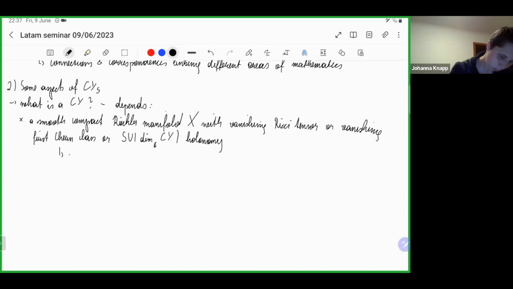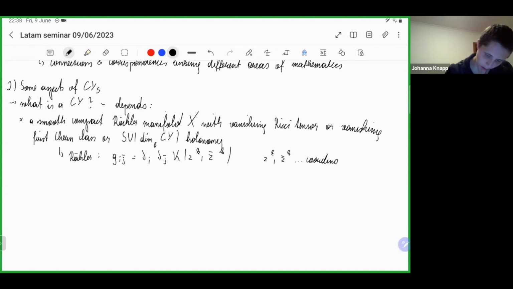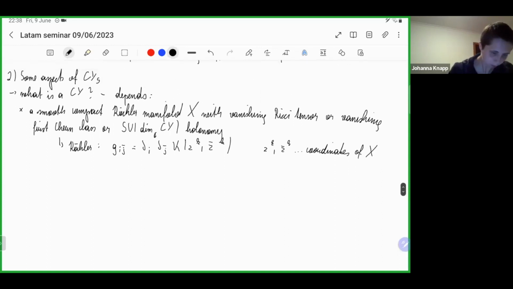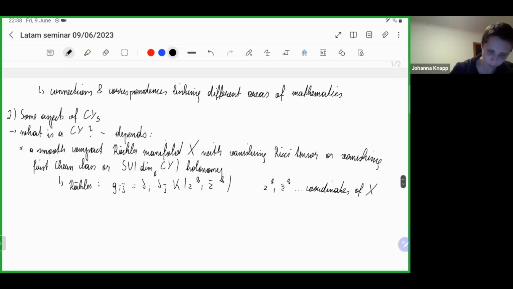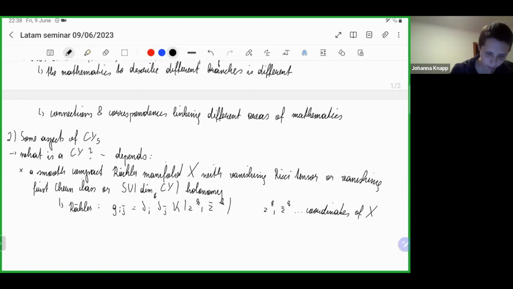Maybe just to mention that Kähler means that, since it's a complex manifold, we always have holomorphic and anti-holomorphic coordinates, and the metric can essentially be deduced as a double derivative of a potential, which is called the Kähler potential, where k and k-bar are the coordinates. So this is one definition.